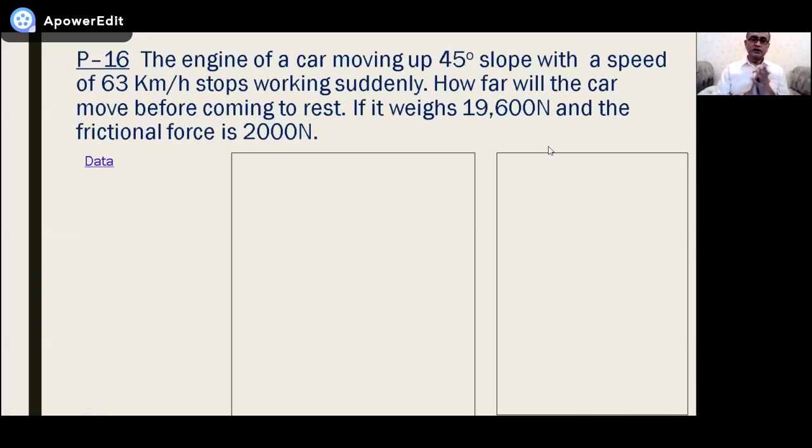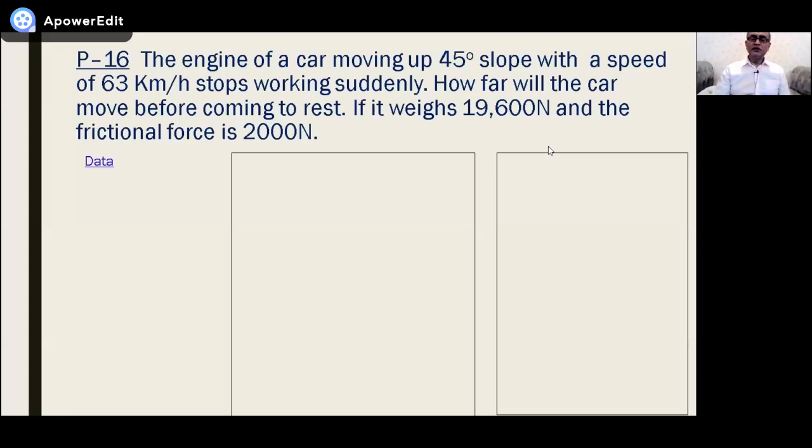When we were doing the topic of inclined plane, just recall your memory. We have got a formula there: A is equal to G sine theta minus F upon M. This formula we'll use in this problem. Why? Because the frictional force is given.